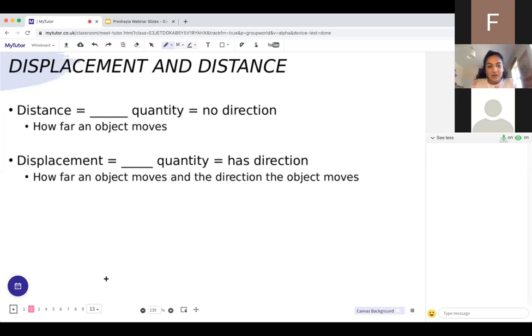So we need to have a think about which one is a scalar quantity and which one is a vector quantity. So is distance scalar or vector, and is displacement scalar or vector? Put your answers in the chat or just have a think about it to yourselves. Which one's scalar and which one's vector?